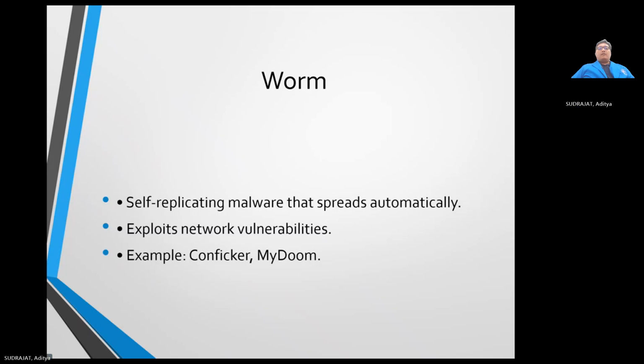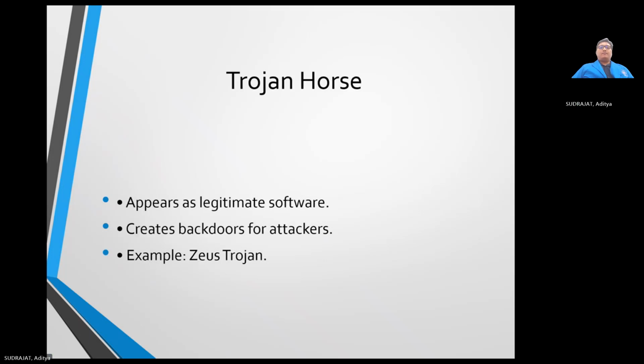Worm. Like I said, a worm can replicate itself, is malware that spreads automatically and exploits network vulnerabilities. The third one is the Trojan horse. Like I said, a Trojan horse can appear as legitimate software.